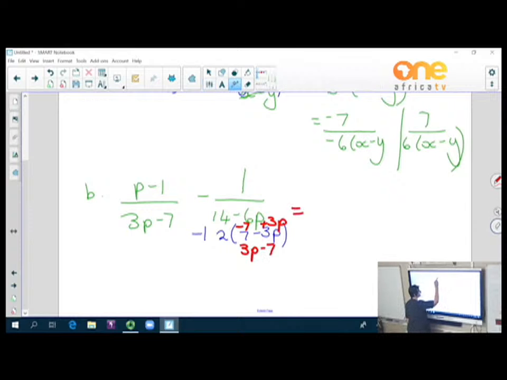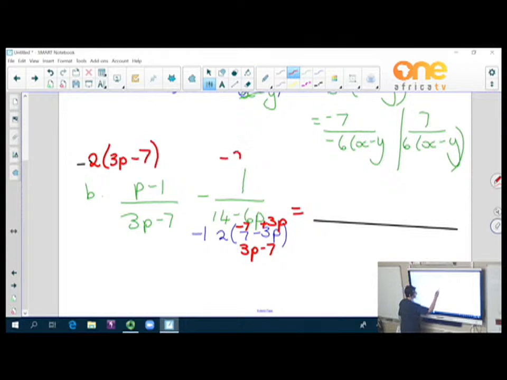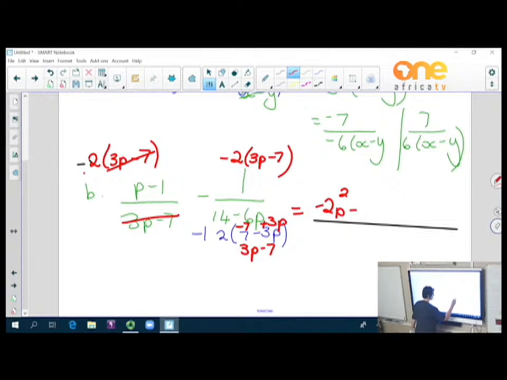So now I can take out the LCM, which is then negative 2, 3p minus 7. And the same here, negative 2, 3p minus 7, and cancel. So now we have to multiply it here, which makes it negative 2p squared plus 2. 3p will cancel out, the negative 2 will cancel out, and it is minus 1 here.